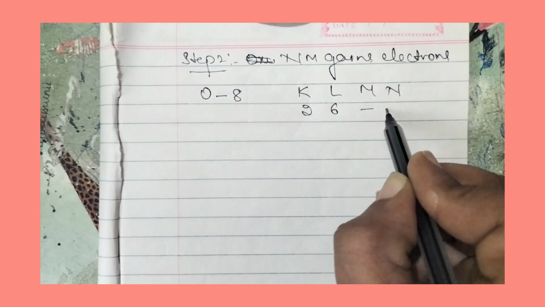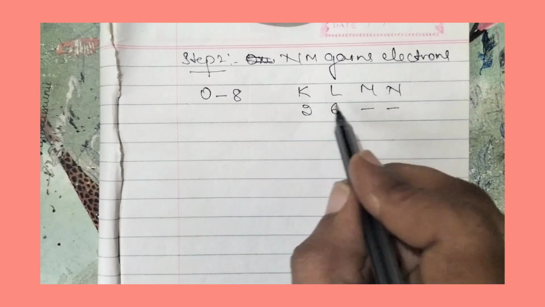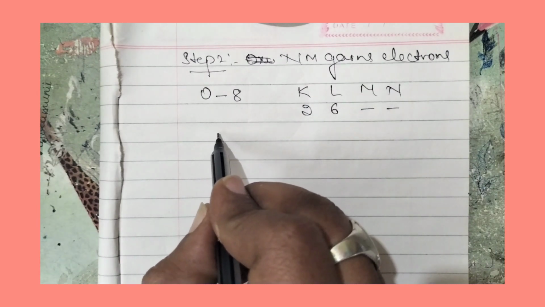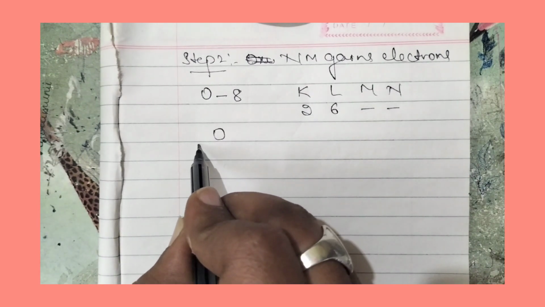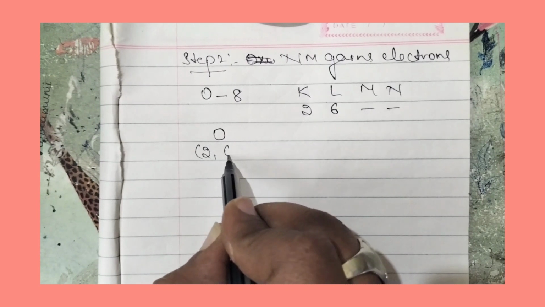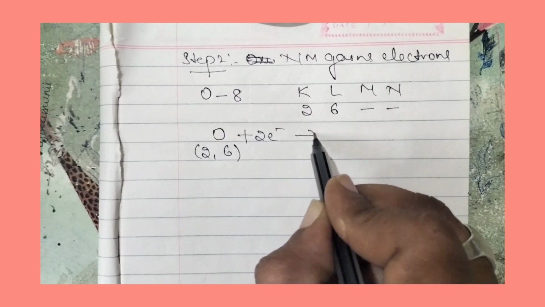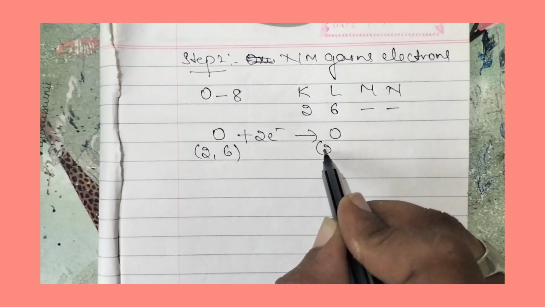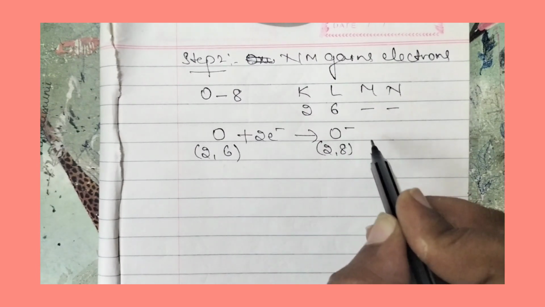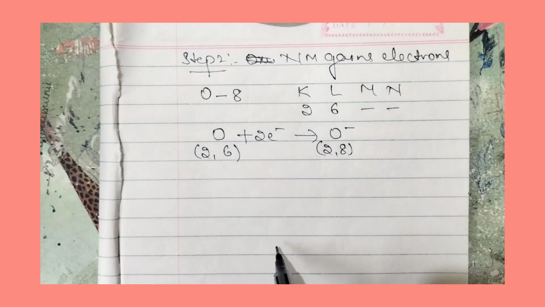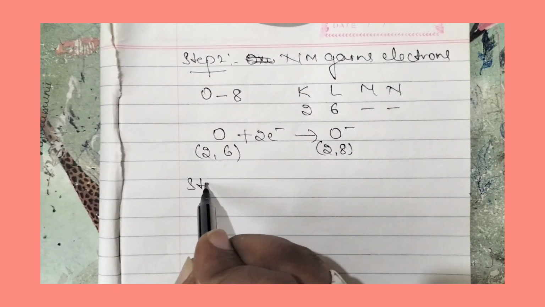By gaining 2 electrons, it completes its shell. So the oxygen atom will become an oxide ion. This is step number 2.